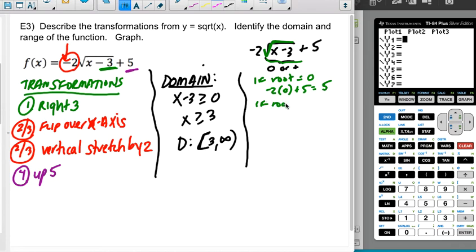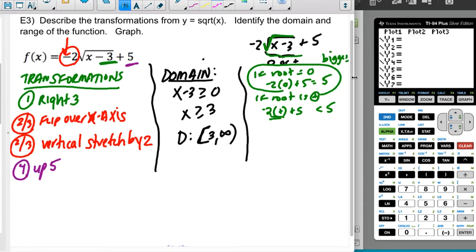If the root is some positive number, then this is negative 2 times a positive number plus 5, which is going to be smaller than 5, because it's some negative number plus 5. Meaning the biggest this is ever going to get is 5, because any other value of the root other than 0 makes the entire output smaller than 5.